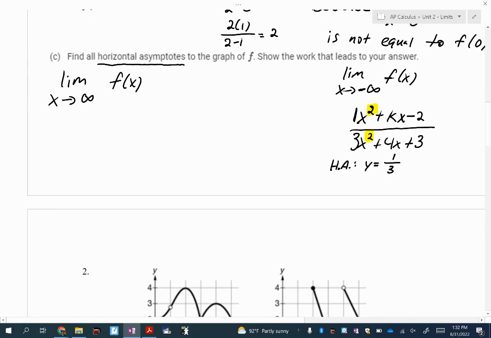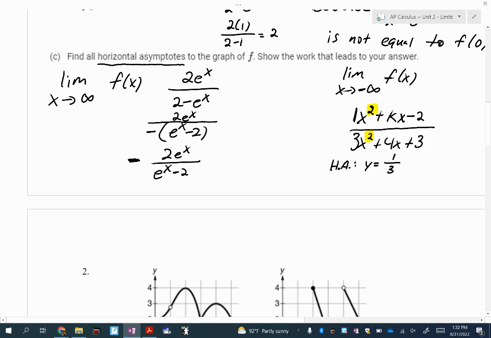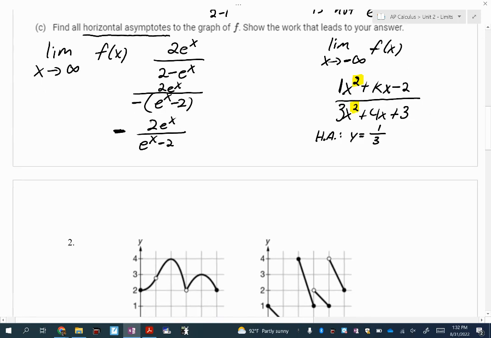Let me rewrite this: 2e to the x over 2 minus e to the x. I'm going to factor out a negative in the bottom and write it as e to the x minus 2, and put that negative out front and just write 2e to the x over e to the x minus 2.